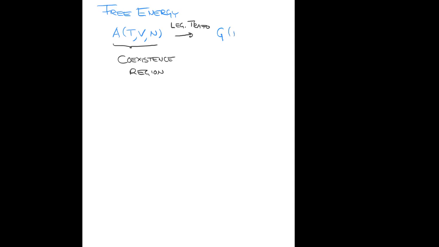This is a function of T, P, and N. Then that same transition does not have a coexistence region, it just has a discontinuity. So there's a line of phase transitions.